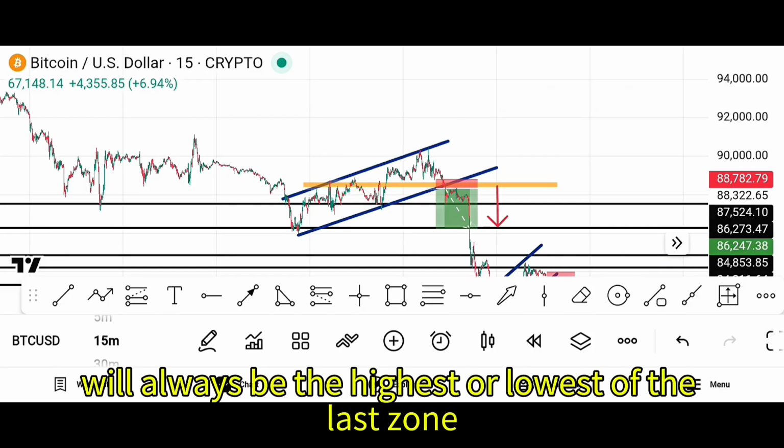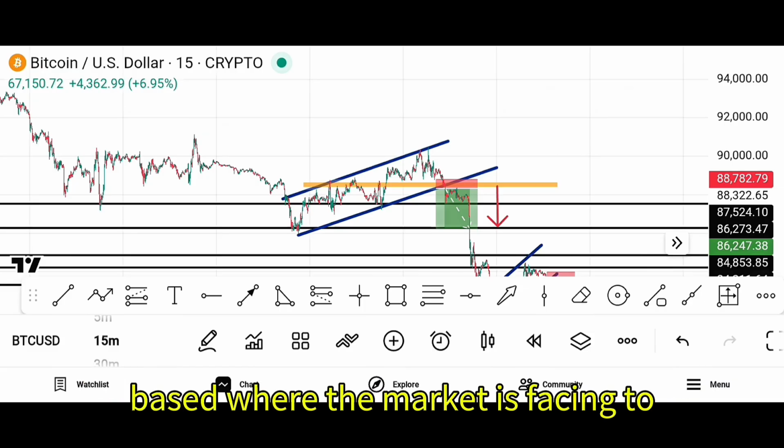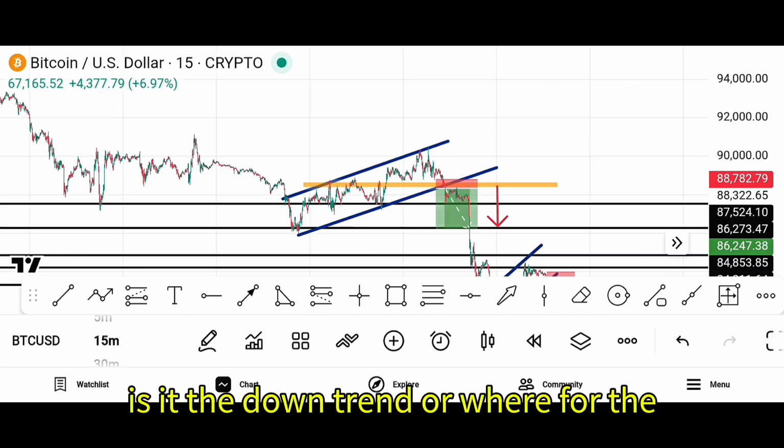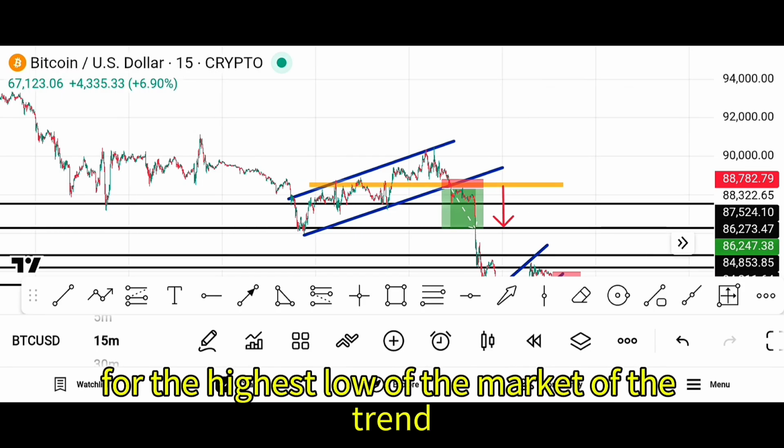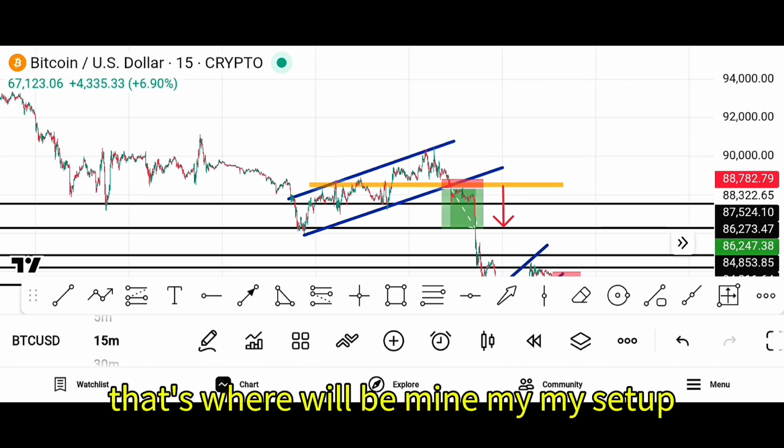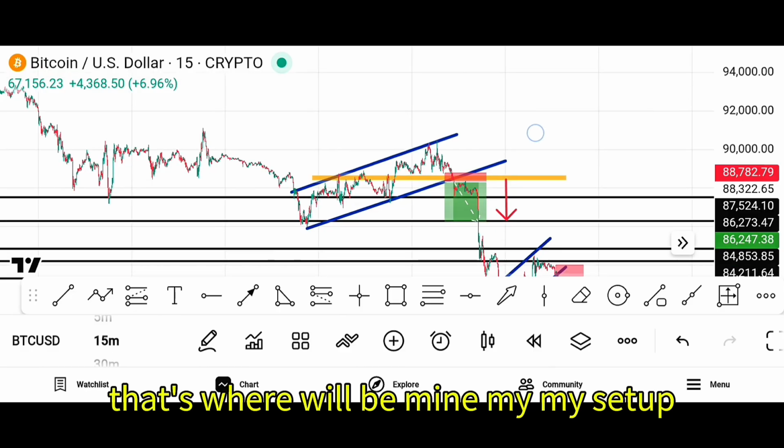My TP will always be the highest or the lowest of the last zone, based on where the market is facing. If it's a downtrend, I will wait for the highest low of the market of the trend. That's where my setup will be.